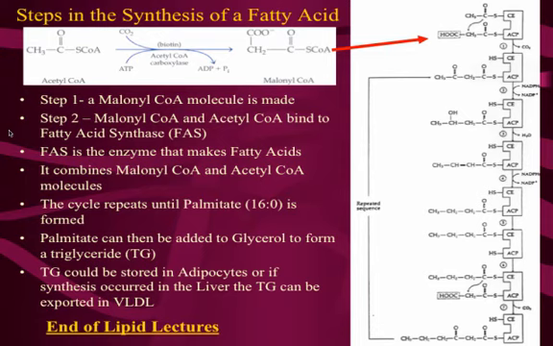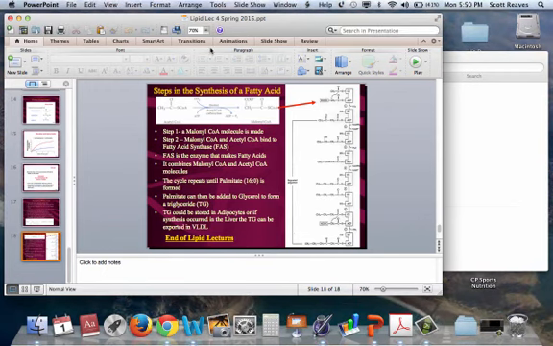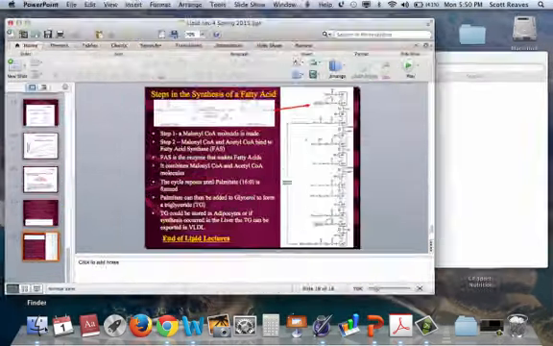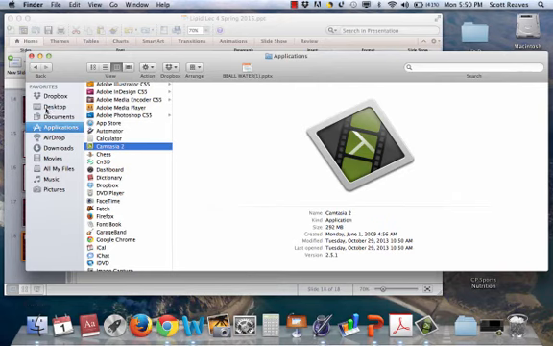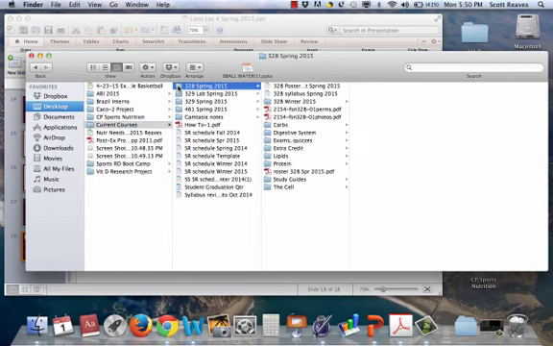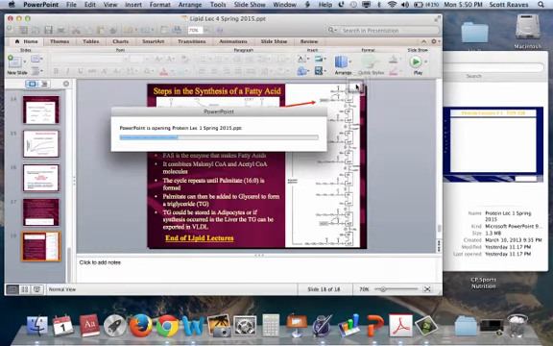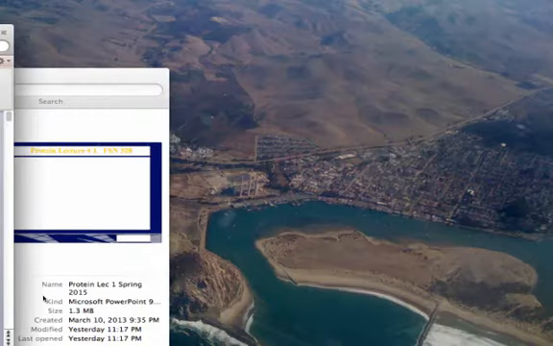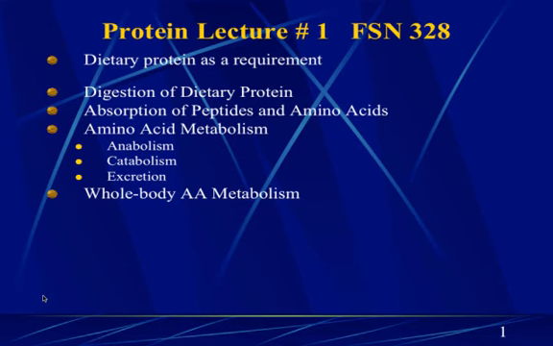Okay. Let's start protein. Now, one of the things that we'll get right away from protein is it's a lot different.